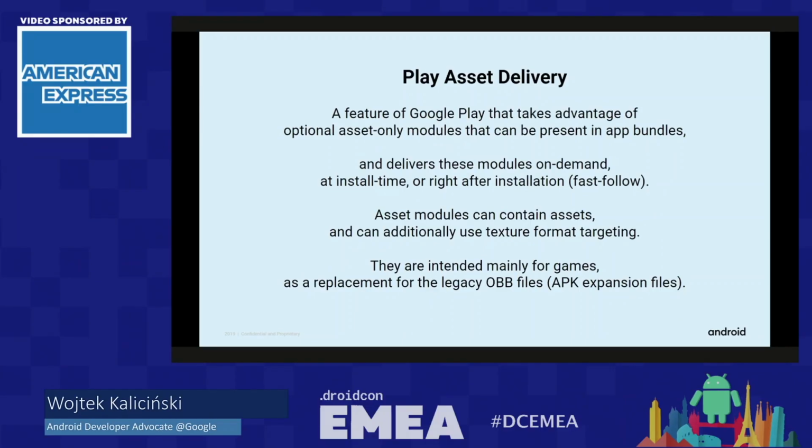So this replaces the old legacy OBB files, also called APK expansion files, and it's used to deliver really large assets like textures, levels, game packs for games. So yeah, that's the main difference. Play feature delivery for any app, also delivering DEX, bytecode, Android resources, whereas Play asset delivery is mostly just for assets for games.